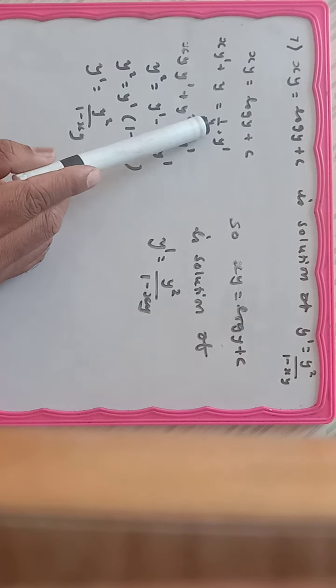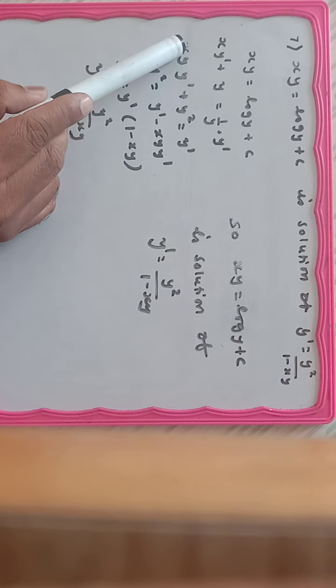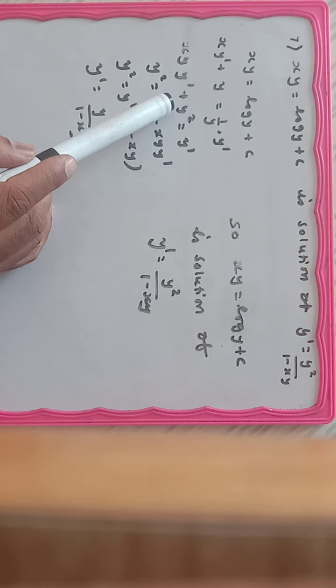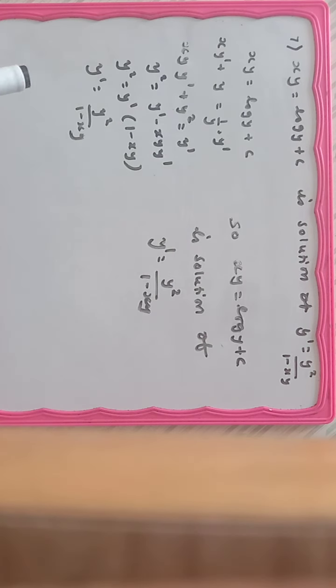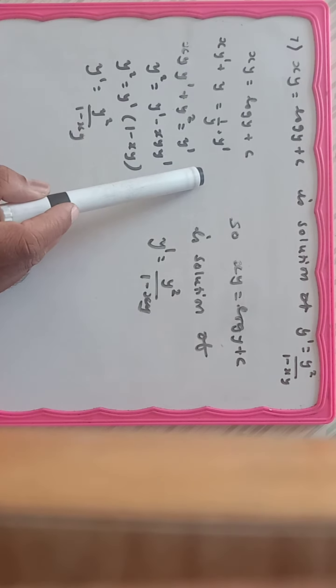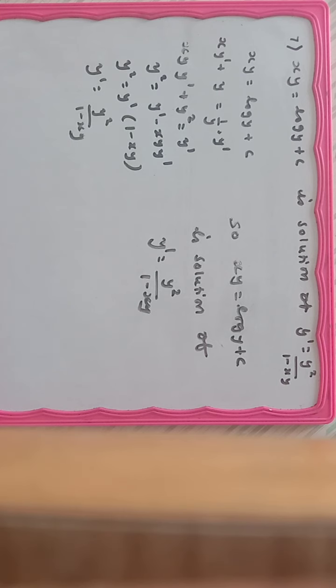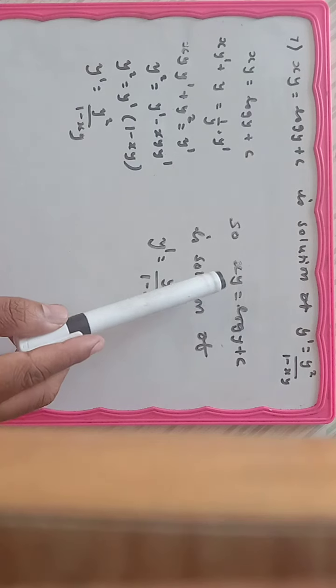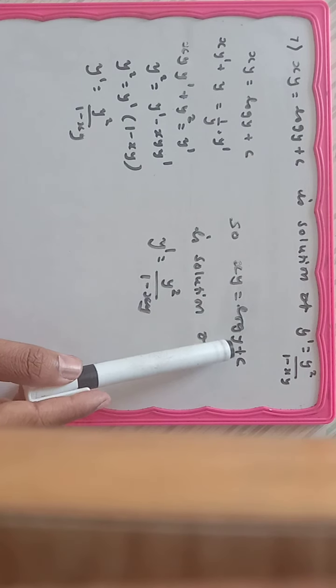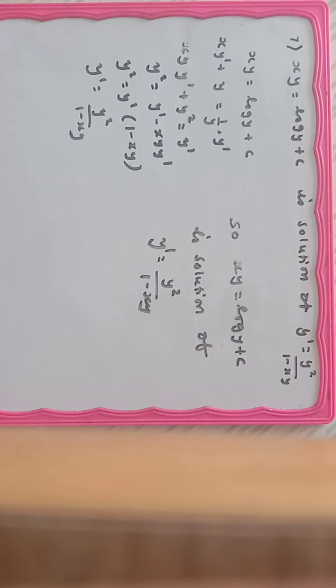So we multiply by y on this side, then xyy' plus y square equals y'. So xyy' we take to the other side, then y square equals y' minus xyy'. So y' common, 1 minus xy, and y square as it is. So y' equals y square upon 1 minus xy. And so we can say that xy equals log y plus c is a solution of y' equals y square upon 1 minus xy.